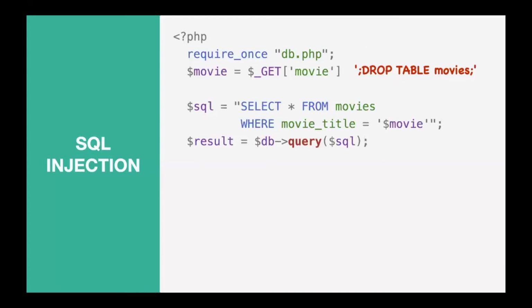I have a question. Yes. Since this drop table movies is inside the select clause, why is it going to do something else? Well, notice the semicolon right here. That semicolon will end the select statement.